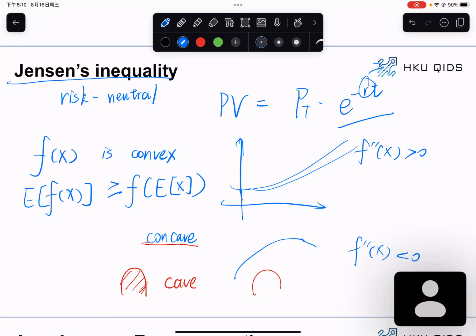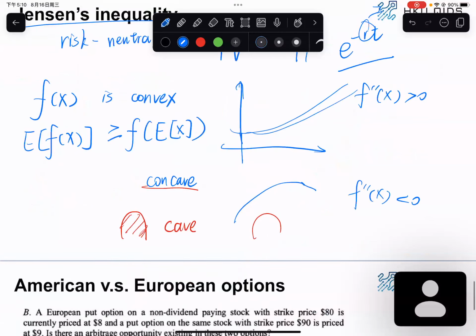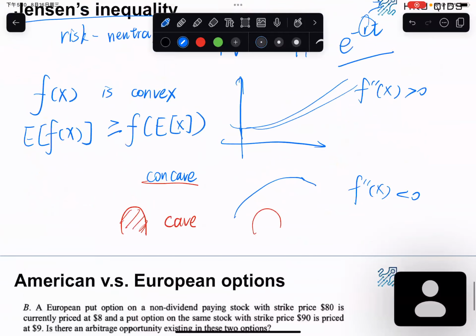Okay, and if a function is convex, we can also have another inequality, let me write it here.